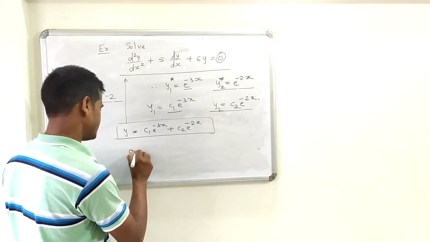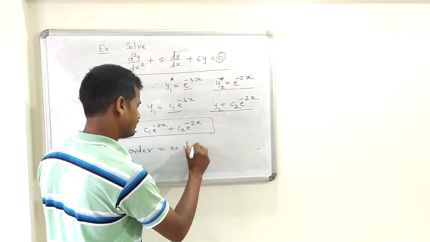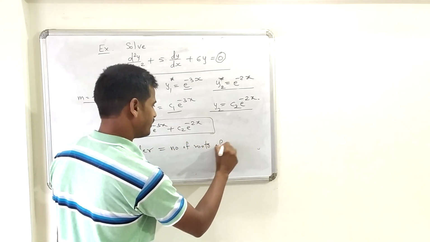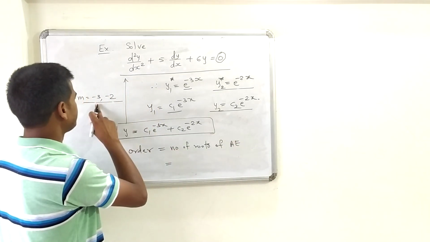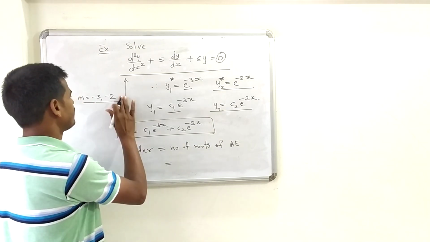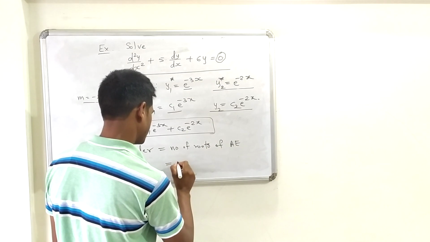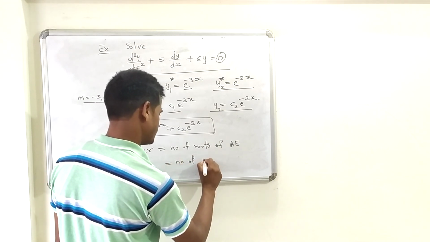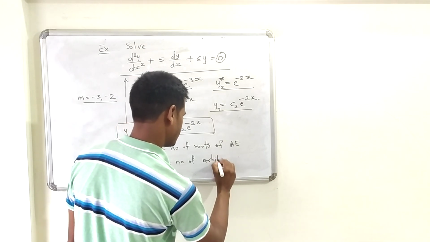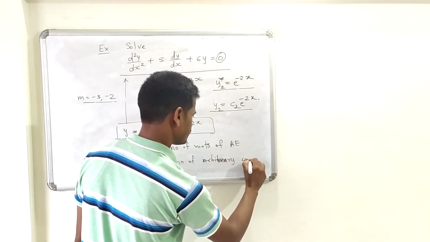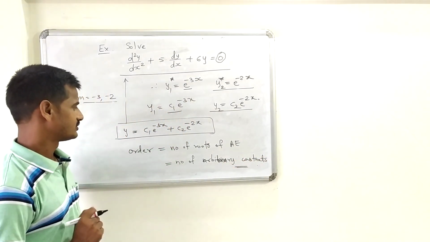Here the roots are not repeated, but you cannot say that every time you will get non-repeated roots. So this is the logic for the general solution.